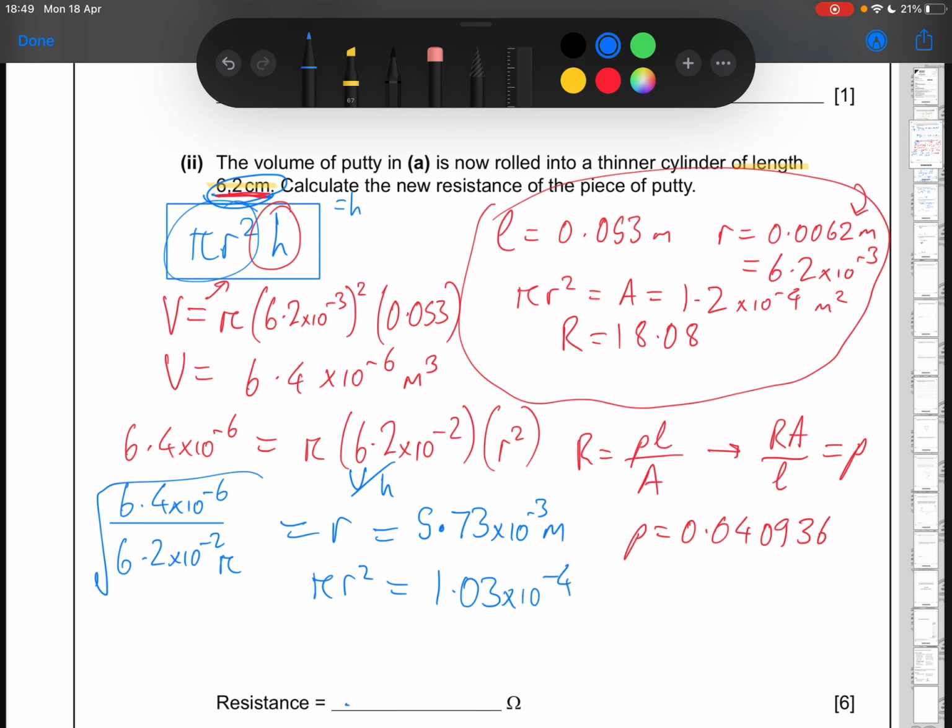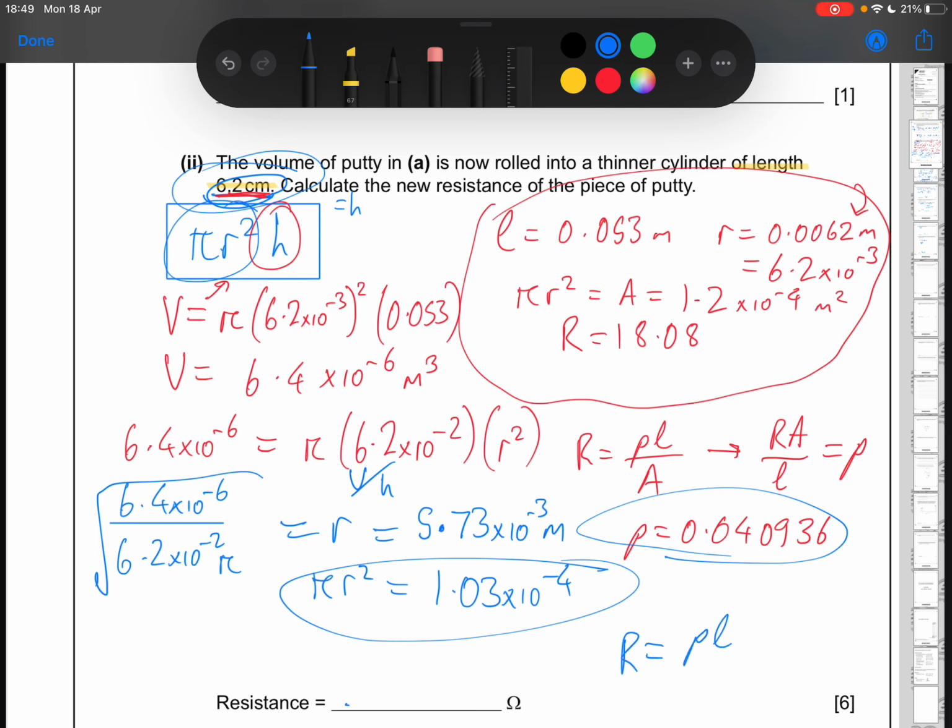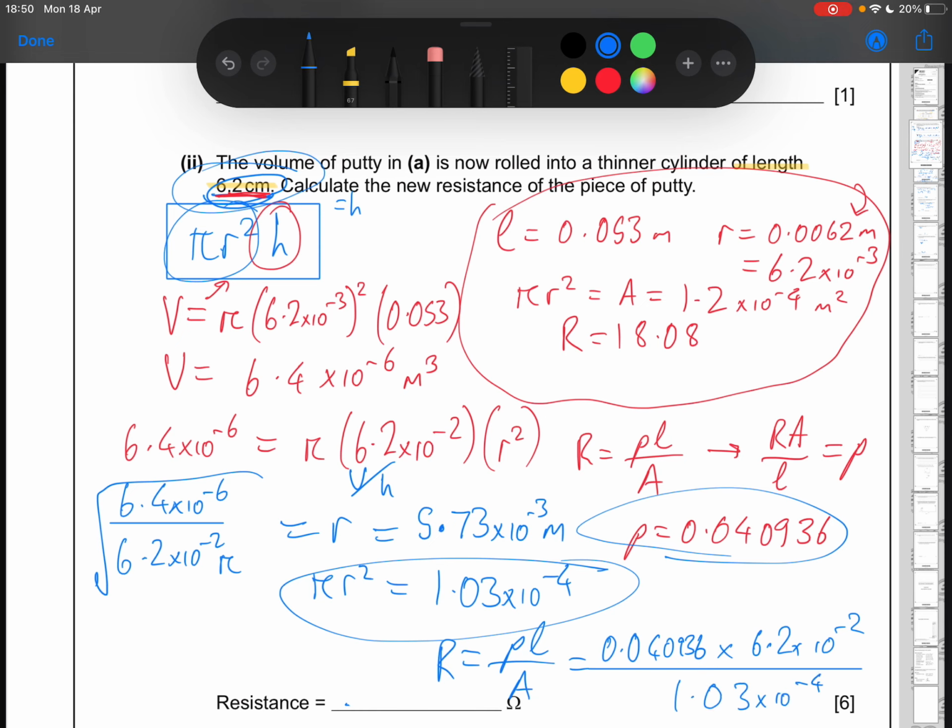Okay, so we know the resistivity, we know our cross-sectional area, and we know our length from the start. So we can now do resistance is equal to rho L over A, which is equal to 0.040936 times our length, which is 6.2 times 10 to the minus 2 to keep it in meters, divided by our area, which is 1.03 times 10 to the minus 4.